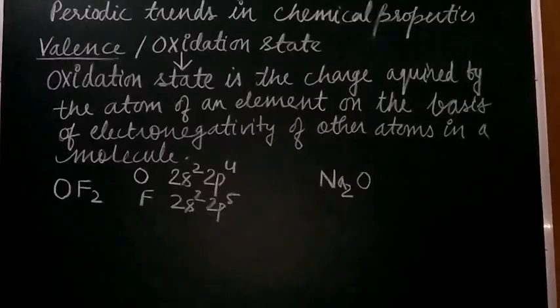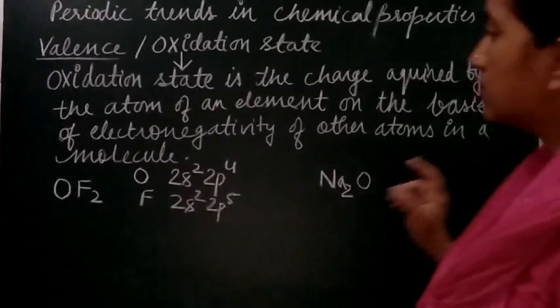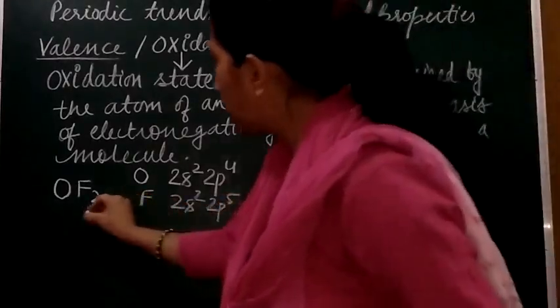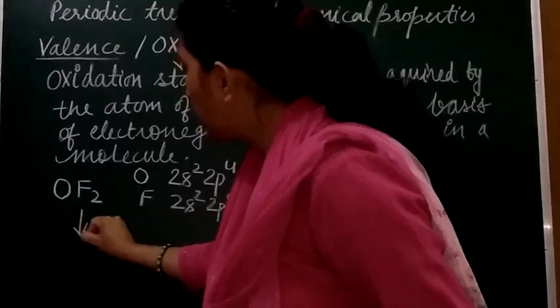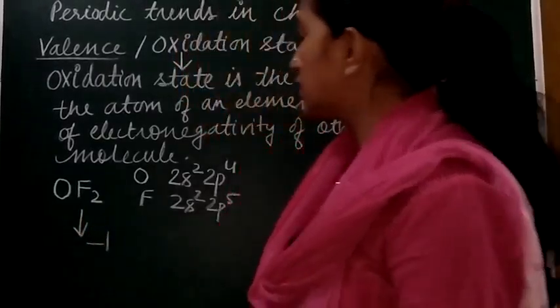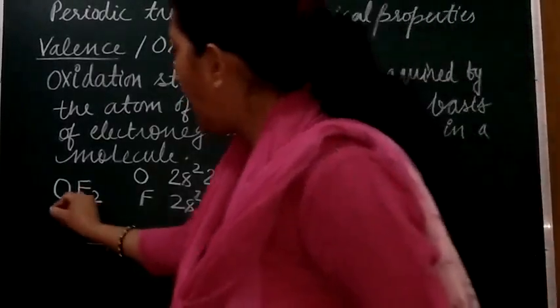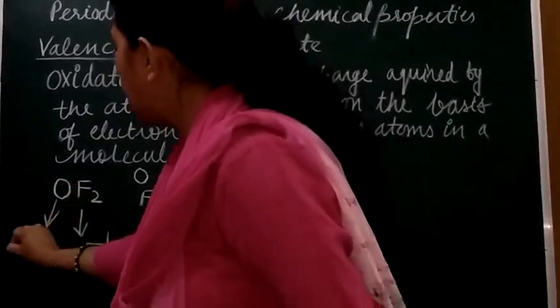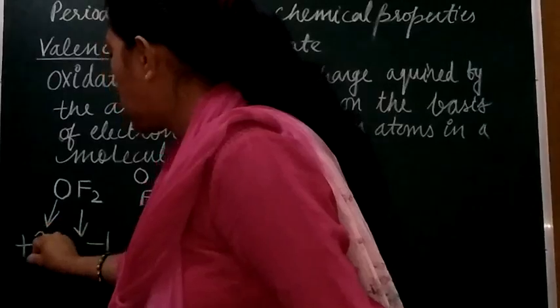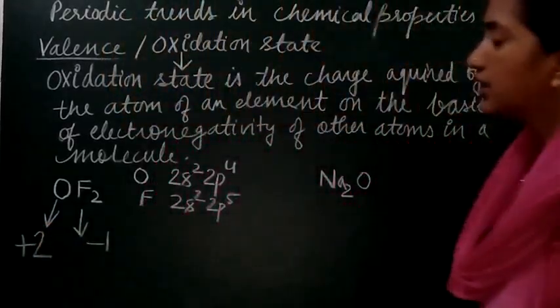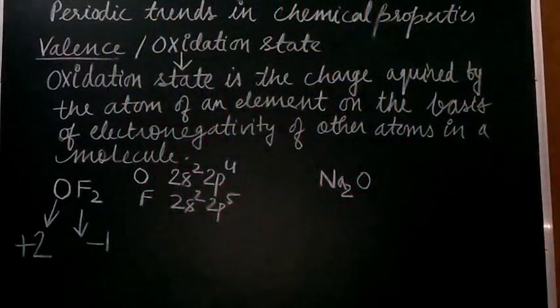As a result, since each fluorine atom is sharing only one electron, fluorine will show the oxidation state of -1, and oxygen will show the oxidation state of +2, right?